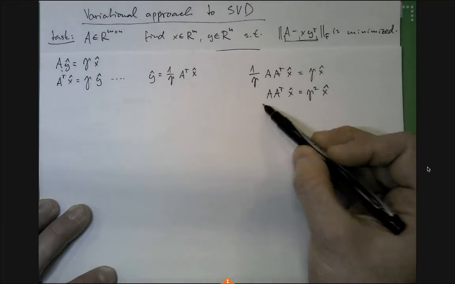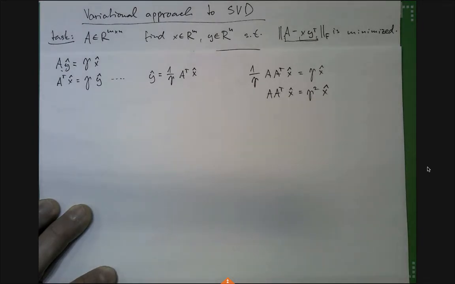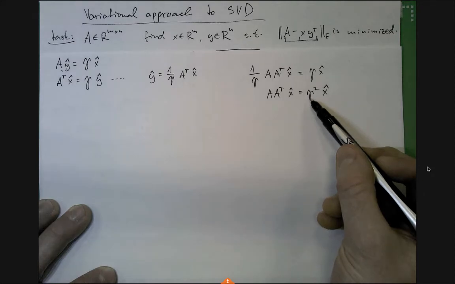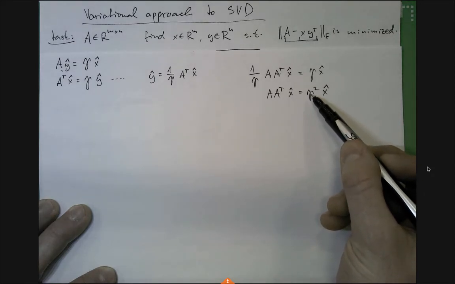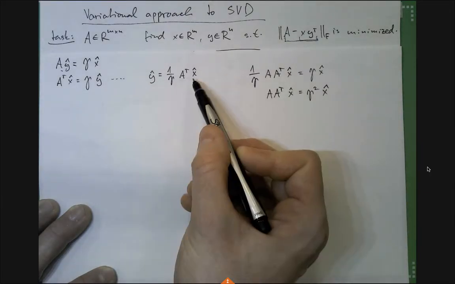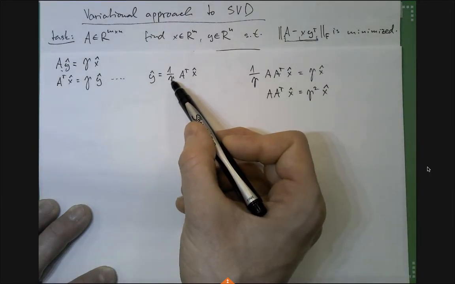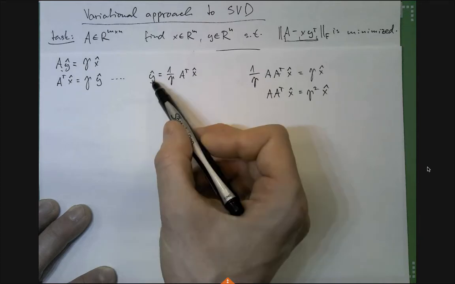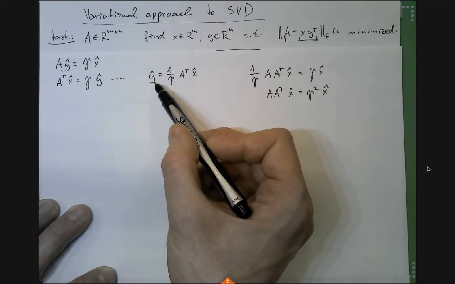We know that A A transpose is always positive semi-definite, at least. It could also be positive definite, so this is cool. That's going to work. And once I have computed the eigenvalues sigma_i and x_i hat, then I can go back here, because if I already know the gamma and x hat, I can immediately compute the y hat, right?